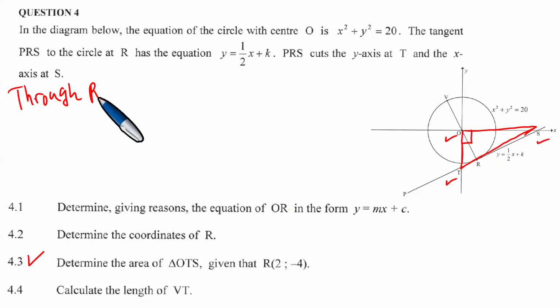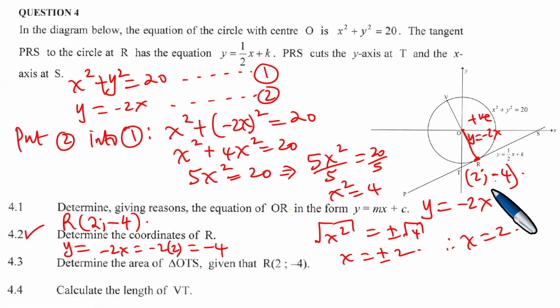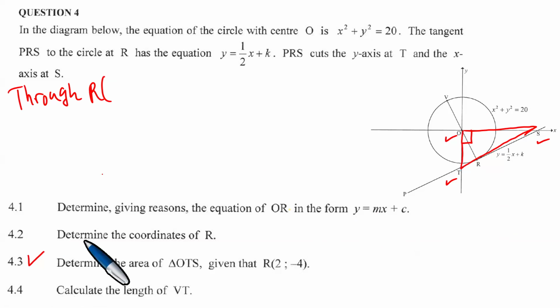through the point R, R has the coordinates. We've seen the coordinates of R, we found them to be 2 and -4. So the coordinates of R are exactly 2 together with -4.